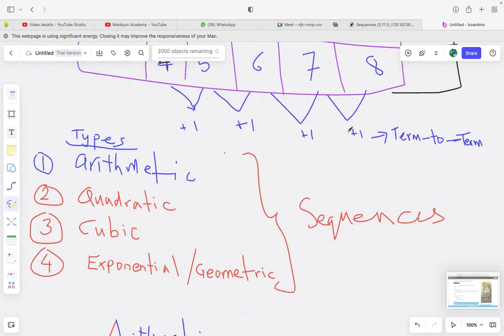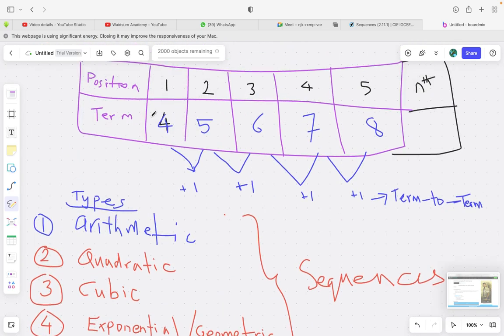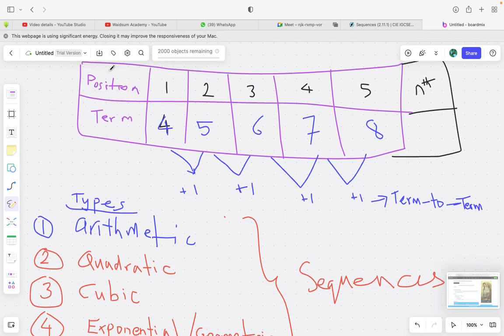Now let's take a look at our sequence. You can see position and term. Let us say this is n and this is An. So An is n plus 3. Because if you add 3 to this, 1 plus 3, you get 4. What connects this to this is the position plus 3.